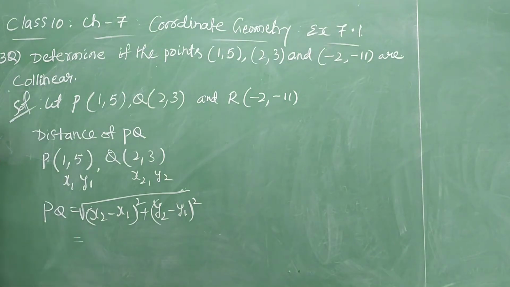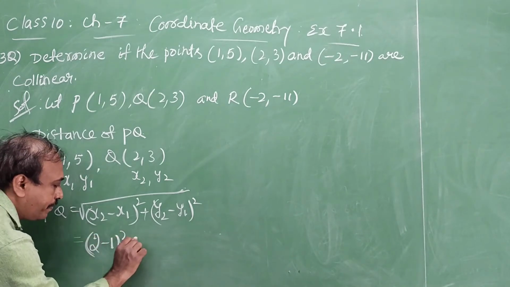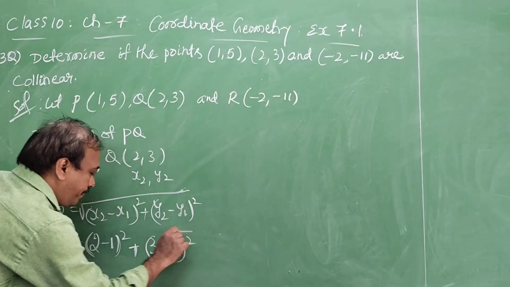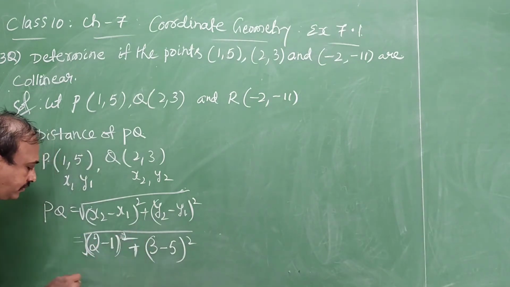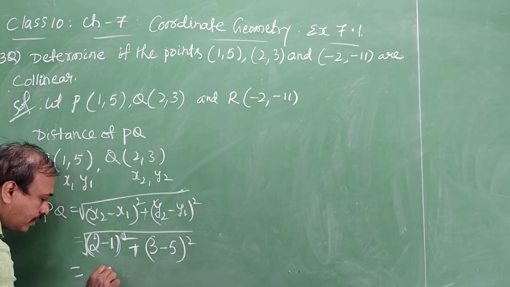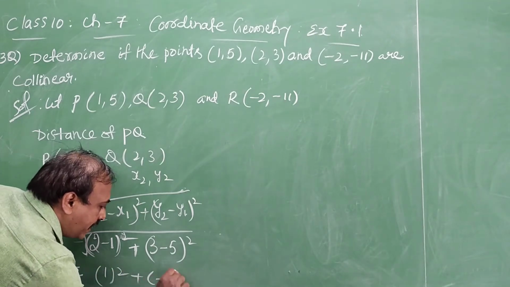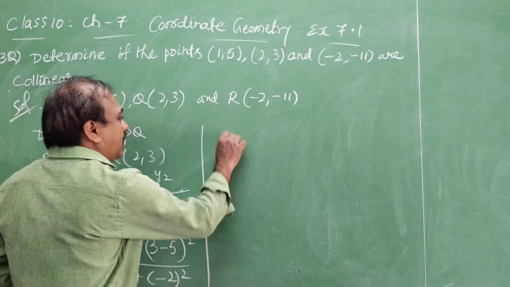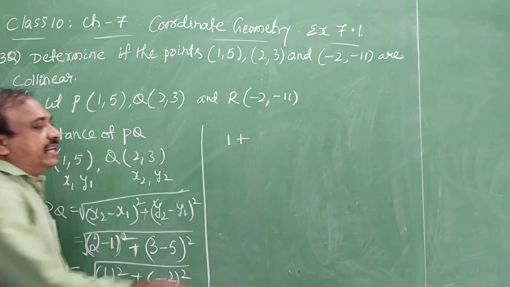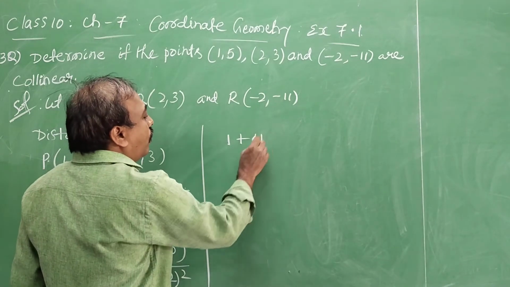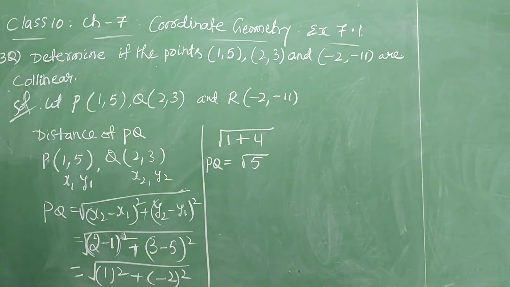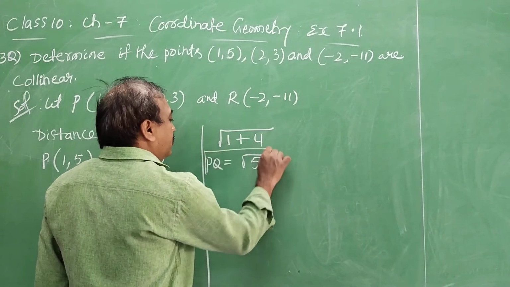That is root of (2 minus 1) whole square plus (3 minus 5) whole square, which is root of 1 square plus (minus 2) whole square. 1 plus 4 is root 5. This is the distance PQ, root 5 units.